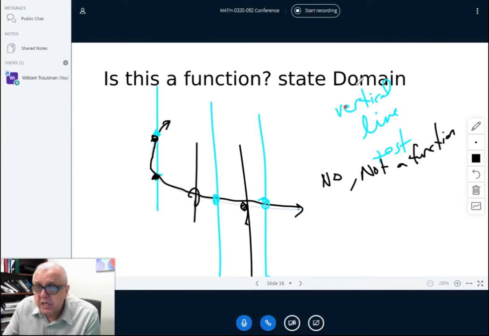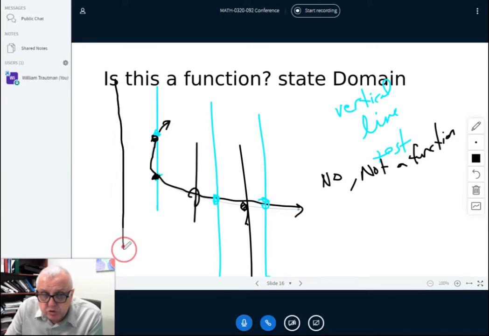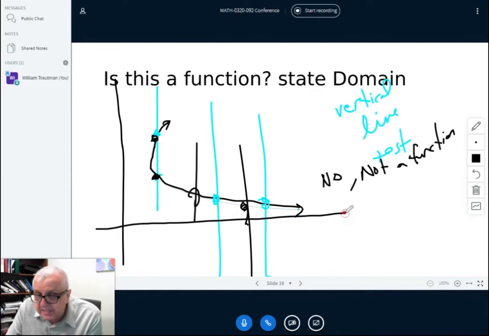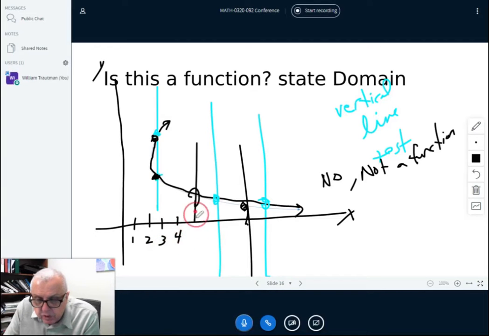So next, state the domain for this function. If I draw an x-axis and a y-axis for this problem, your problem will be drawn there. Let's just say this is 1, 2, 3, 4, 5, and this is 1, 2, 3, 4, 5.